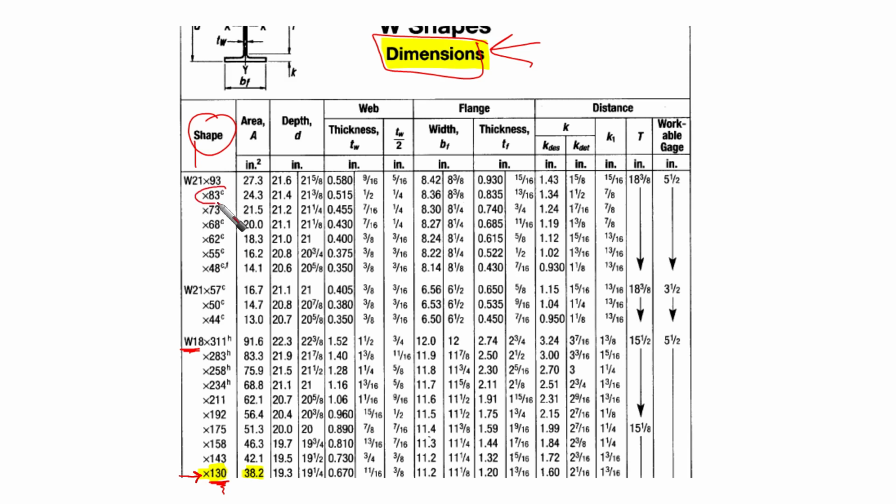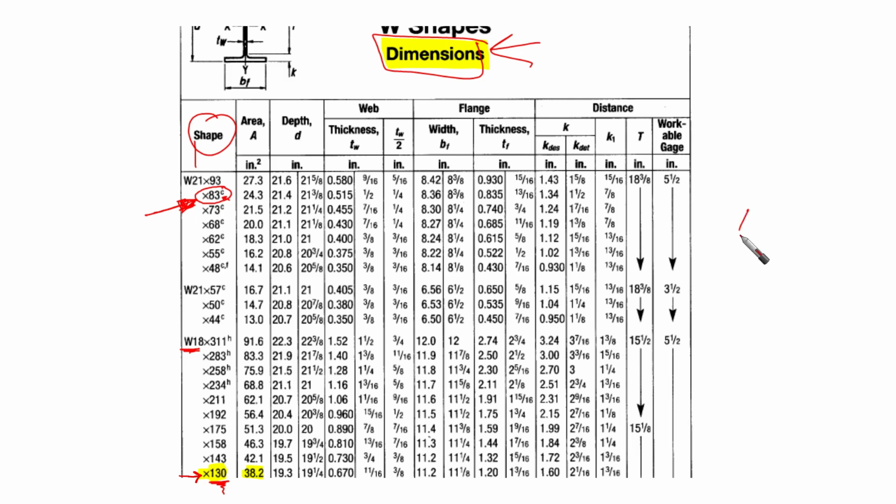There's a C here. It means that it is going to be slender. Local stability is going to be an issue for this cross section.